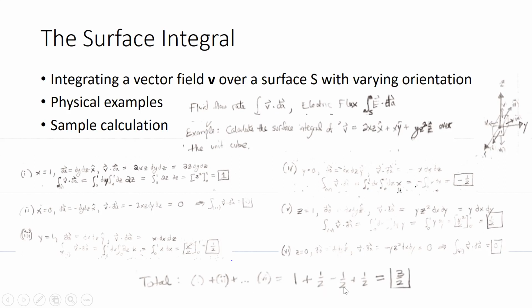So that's 1 plus 1/2 minus 1/2 plus 1/2, or 3/2. Okay, so that's in general how we do a surface integral over a shape which is not a sphere, which doesn't have the same degree of symmetry as a sphere has.